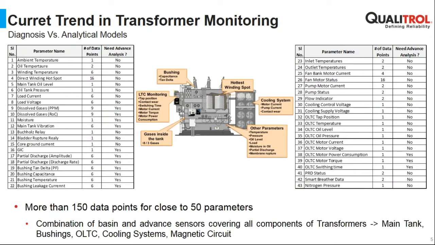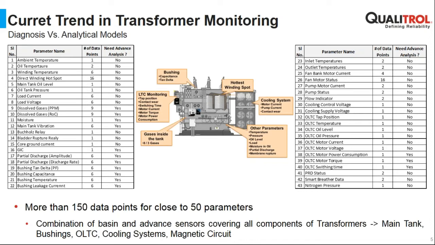In terms of data points, next comes how many data points utilities are monitoring. Here we have combined all the data points that utilities are currently specifying in their specifications, or that condition monitoring suppliers are asking utilities to monitor. If you see the total number of data points, you will be surprised that it has already reached up to 150 data points from the transformers.